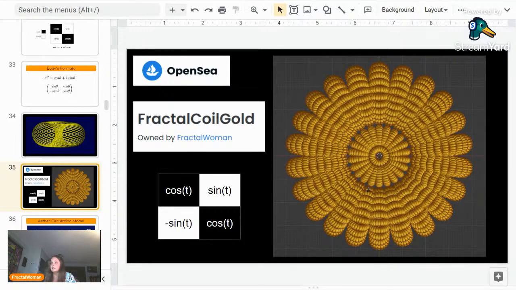And I did this using only complex numbers. I didn't have to use any sort of higher order functions. I just used the two-dimensional complex numbers, and I was just very clever in how I did this. And this is also up on OpenSea if you want to have a closer look.